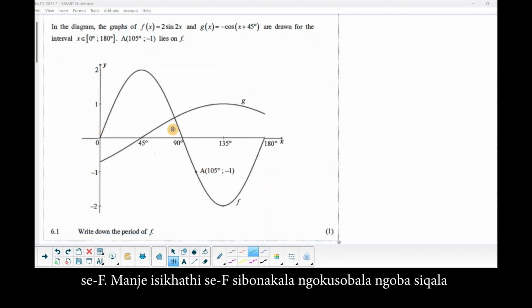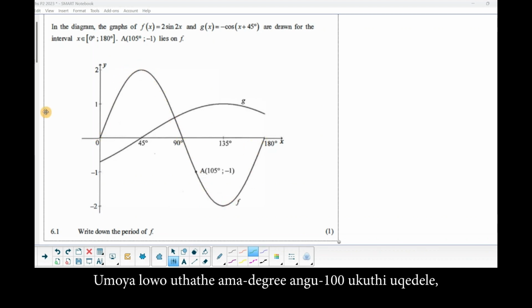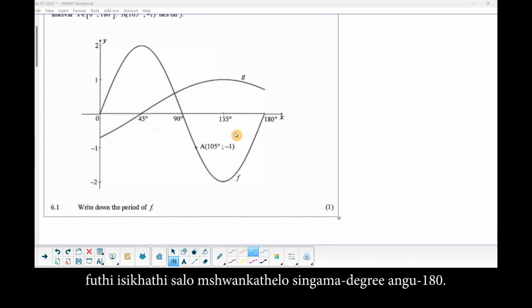Now, f's period is pretty obvious because it starts with the crest and then ends in the trough. It's a complete wave. So that wave takes 180 degrees to complete, and therefore the period of that graph is 180 degrees.